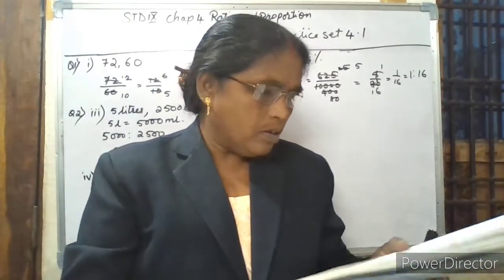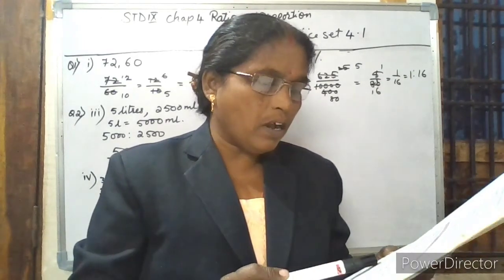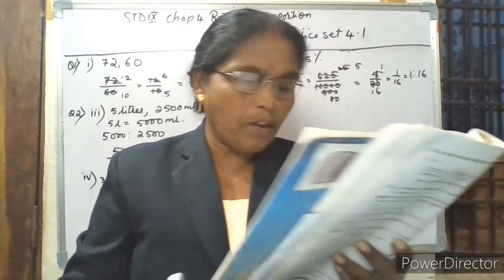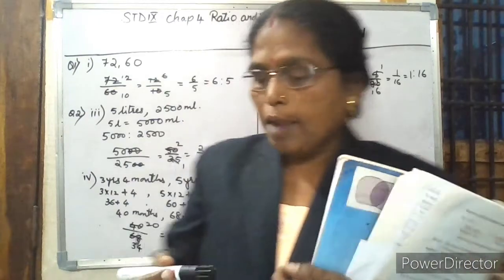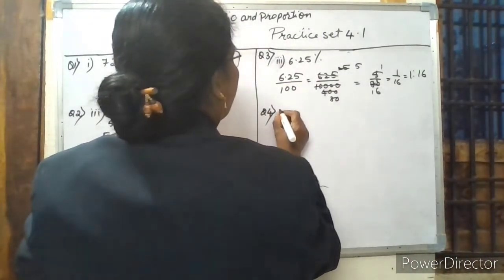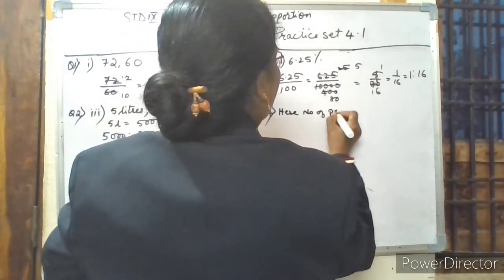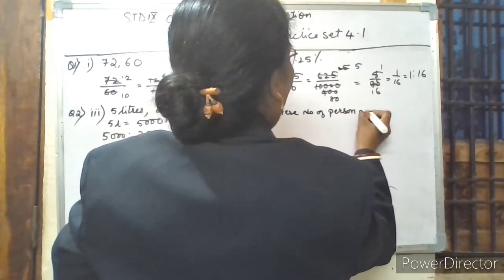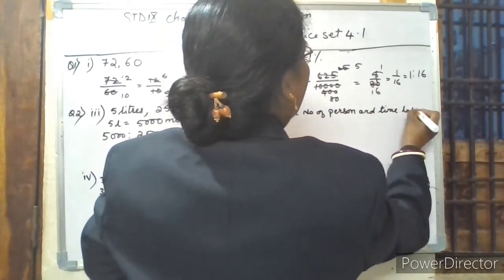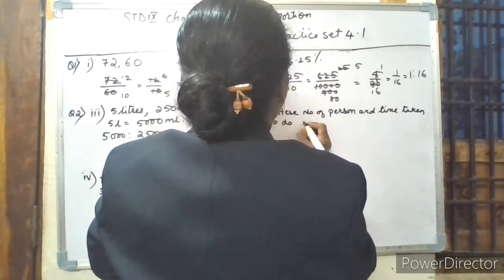Now here, this question is based on 3 persons building a small house in 8 days. That means work, the number of persons and the time taken to do the work.